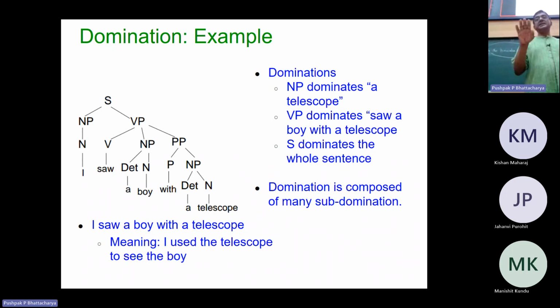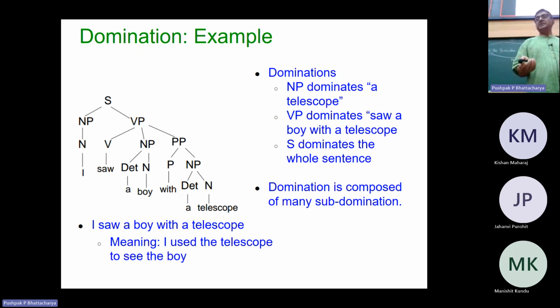So the commander has three sub-commanders, all at the same level. And therefore, we have V, NP, and PP distributing their dominations over these three segments, saw, a boy, and with a telescope, giving rise to the meaning that I have the telescope.